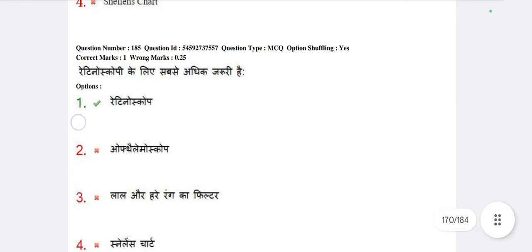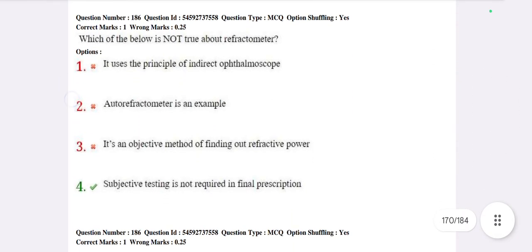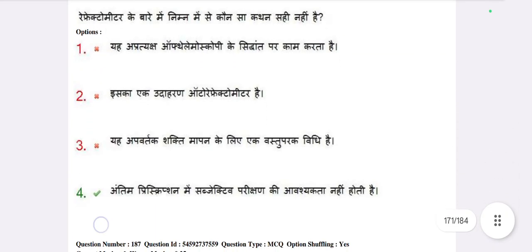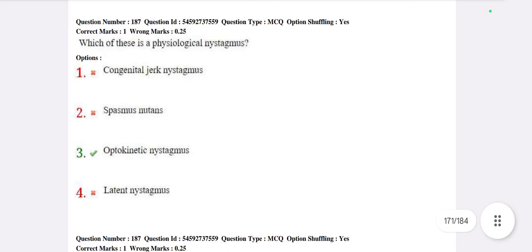Next question is, which of the following is not true about refractometer? Our correct answer is subjective testing is not required in final prescription. Our next question is, which of the following is a physiological nystagmus?